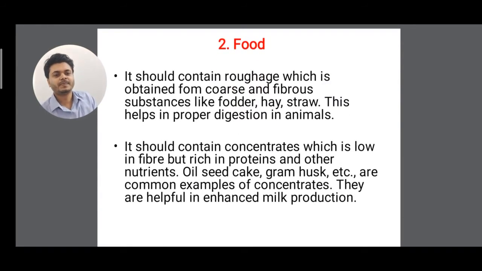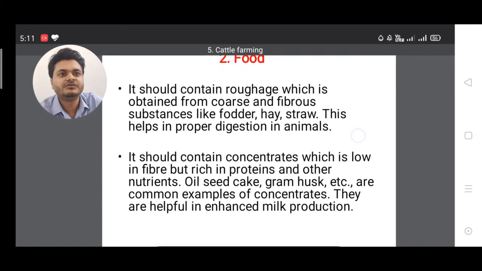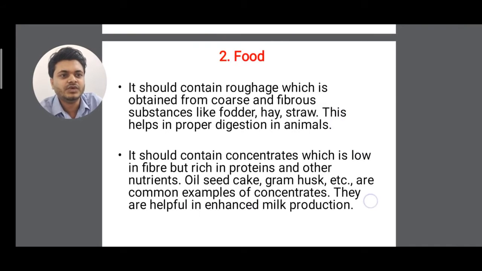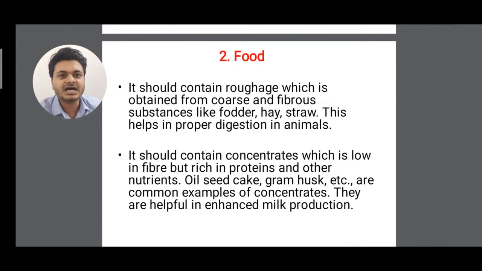Next is food. What food we should give to the cattle? It should contain roughage, which is obtained from coarse and fibrous substances like fodder, hay, and straw. This helps in proper digestion in animals. The next point under food is concentrates, which are low in fiber but rich in proteins and other nutrients.